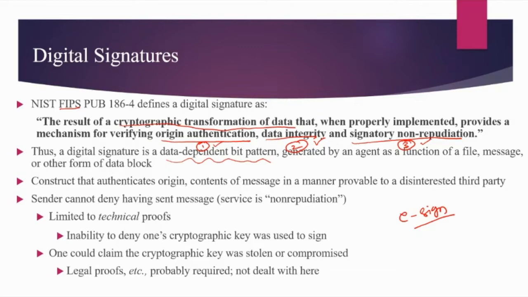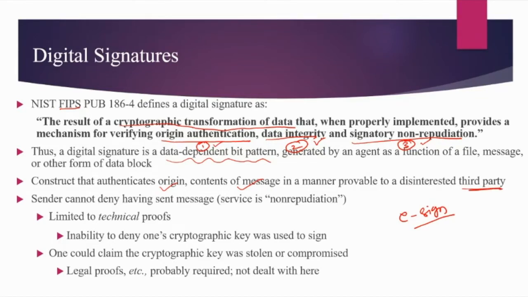Now in this, we will generate a construct, and by we I mean the digital signature algorithm will generate a construct that allows us to authenticate the origin and content of the message in such a way that we can prove this to a third party.